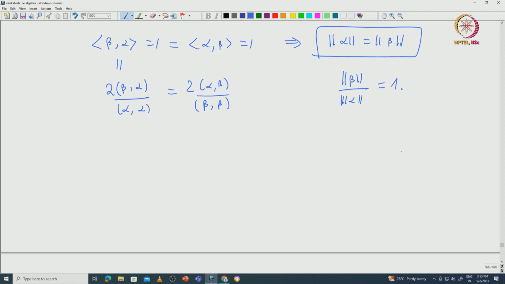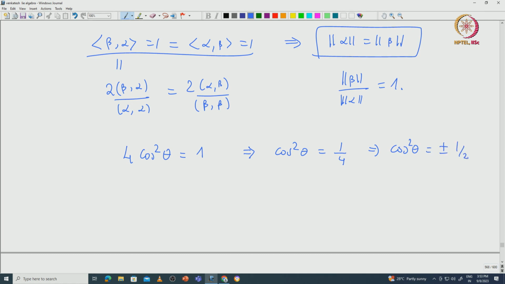Now, in case both of them are 1, then the product is going to be 1. That means 4 times cosine squared theta will be 1. So, cosine squared theta will be 1 by 4, so cosine theta will be plus or minus 1 by 2.